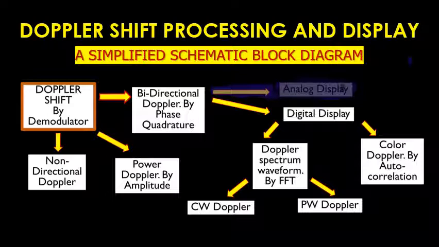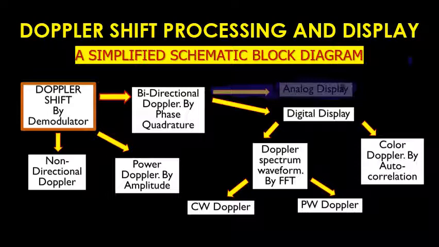This digital display could be for the color Doppler. If you apply color Doppler on the ultrasound system, the system will operate using what we call autocorrelation. Autocorrelation is the technique used to operate the color Doppler. In color Doppler, you get a color map and a color box.